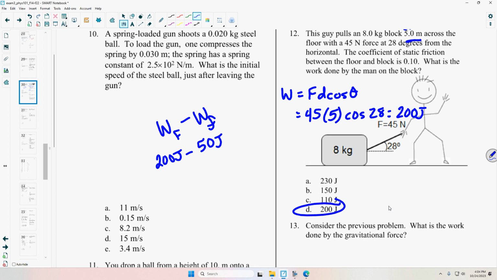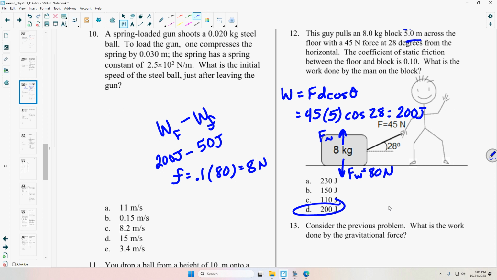But if I wanted to find the work done by friction, first I'd have to figure out the frictional force. I know that's mu, which is 0.1, times the normal force. Look, y'all, the force weight is going to be equal to the normal force. So that means the force weight is 8 times 10 or 80 newtons. So it's going to be 0.1 times 80, which is equal to 8 newtons.